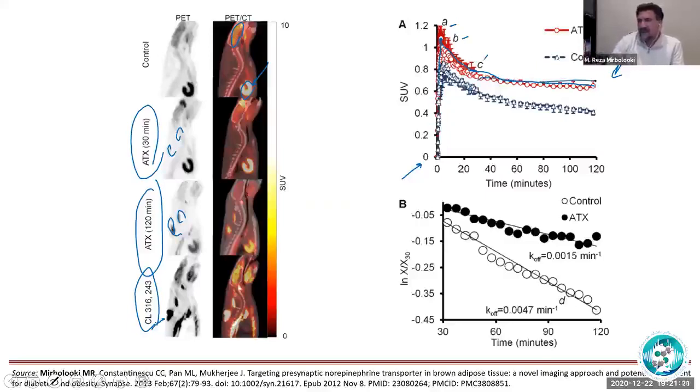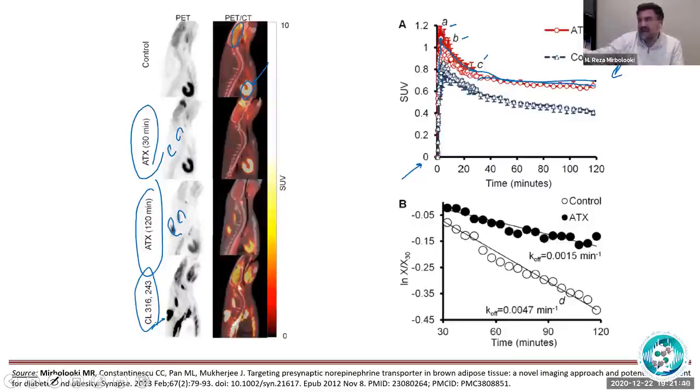So I wanted to see what the difference is in terms of the clearance rate of the F18-FDG from the IBAT, or interscapular BAT, in the absence and presence of atomoxetine.